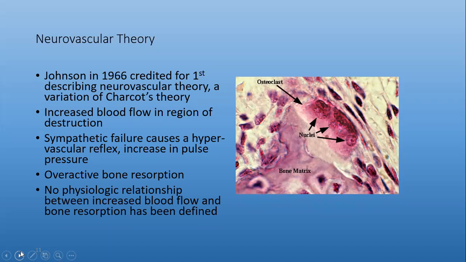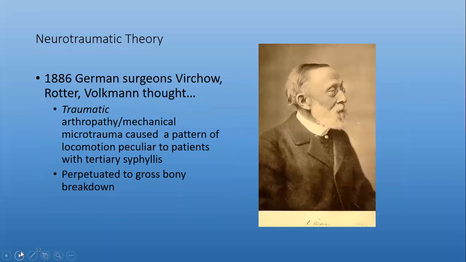Our creation and resorption of bone is supposed to be at an equal rate, and these patients with this neurovascular theory don't have that regulation to make sure that the bone resorption and creation is equal.